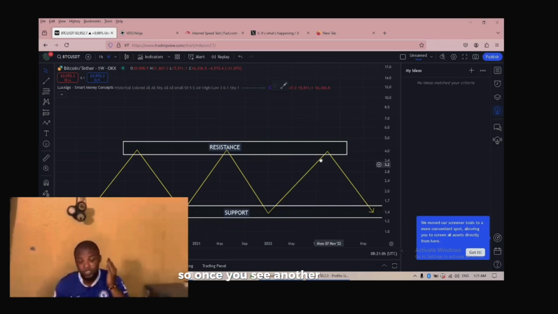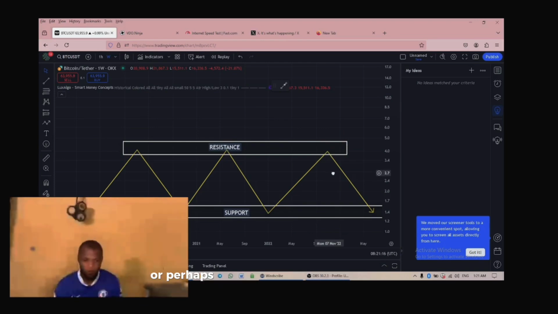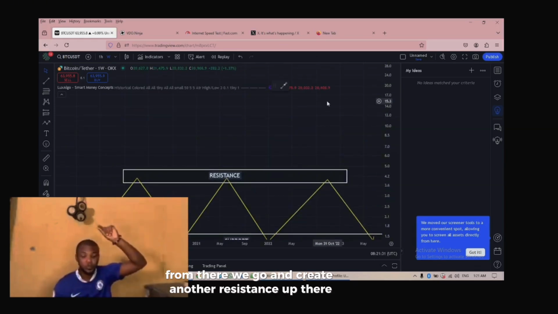So once you see another resistance, you should be well informed that there is high chance for another massive retracement back to the supply zone. Or if it should surpass that resistance, expect the resistance to turn into support. Then from there we go and create another resistance up there.